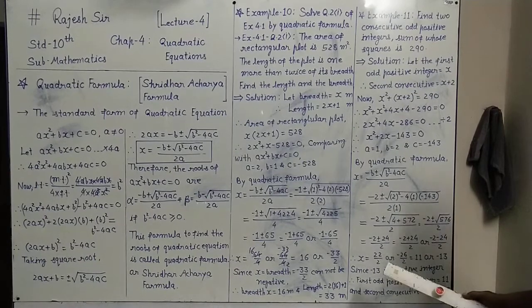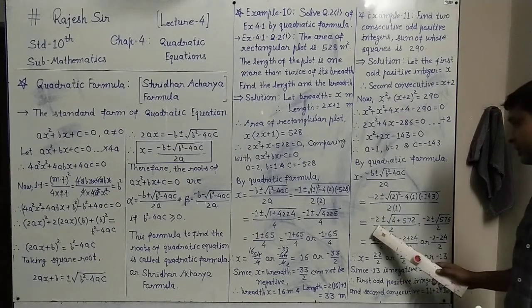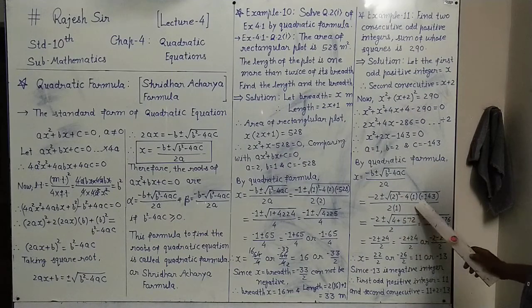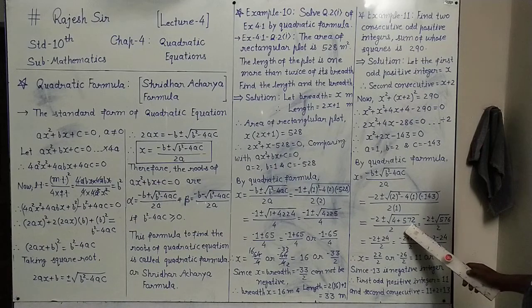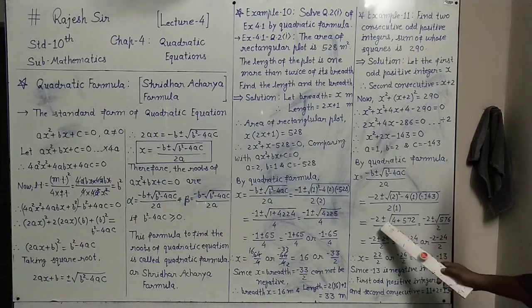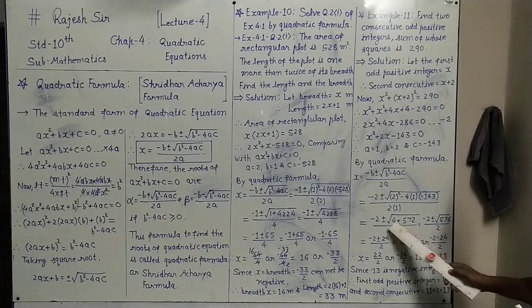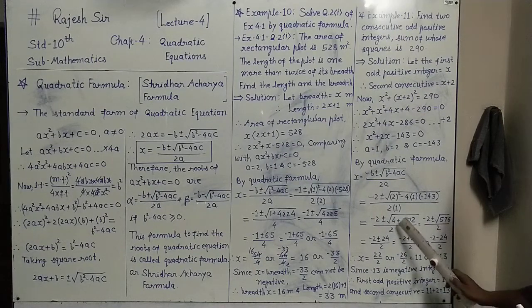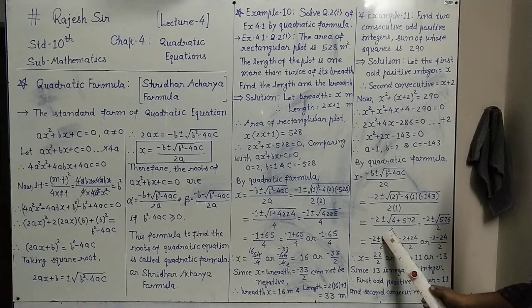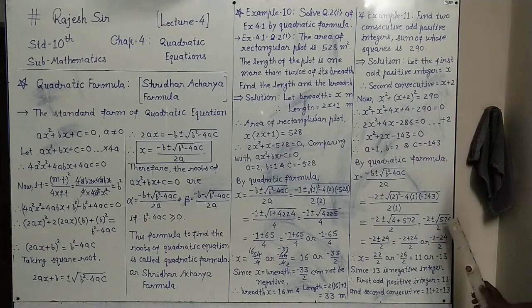Now simplify this. Minus 2 as it is, plus or minus as it is, root of 2 square is 4, and minus minus becomes plus, 4 into 143 is 572. Minus 2 plus or minus root of 4 plus 572, which is 576, upon 2 into 1, which is 2. Now minus 2 plus or minus root of 576, which is 24, upon 2.